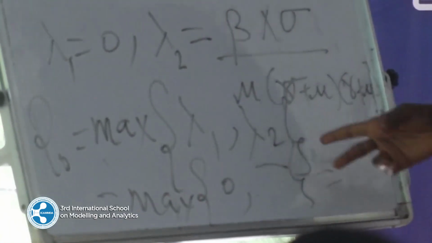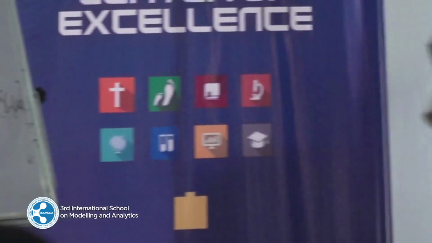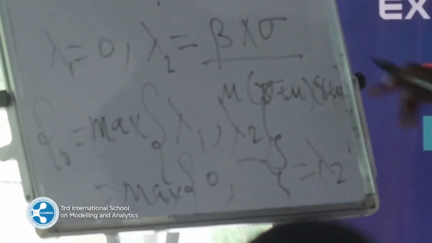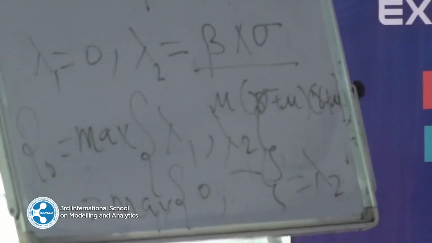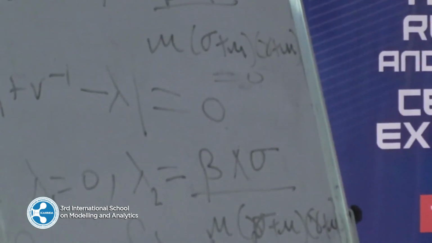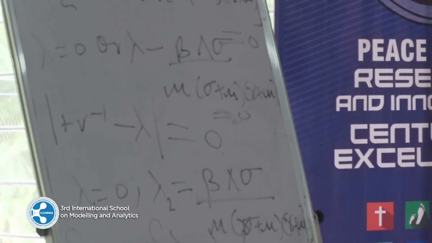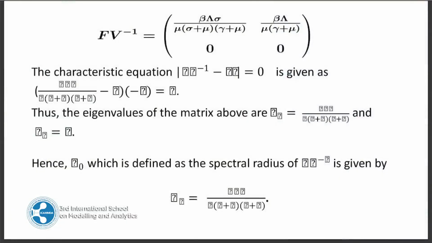So which one? Is it lambda 1 or lambda 2? The maximum is lambda 2. And what is lambda 2? That is beta lambda sigma over mu into sigma plus mu into gamma plus mu. So if you now look at the slide, can we see? Hello, please let me have this slide back.